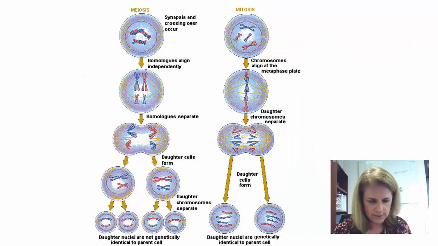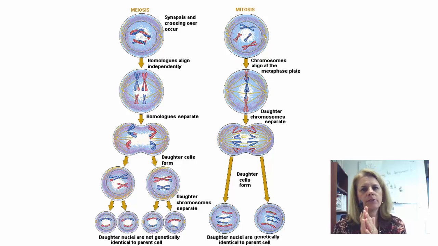Now there's one more key consideration that's really cool about meiosis. In this step where the chromosomes have to line up before they split, there is a time where something called synapsis and crossing over occurs. This is when the chromosomes line up and they're so close that they start to swap parts, if you want to say it that way.